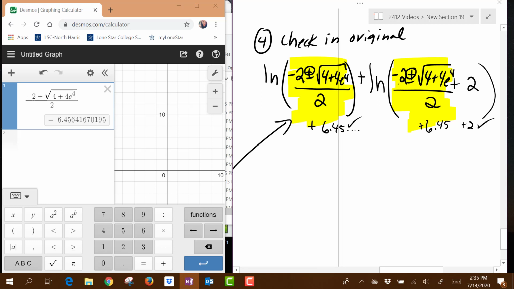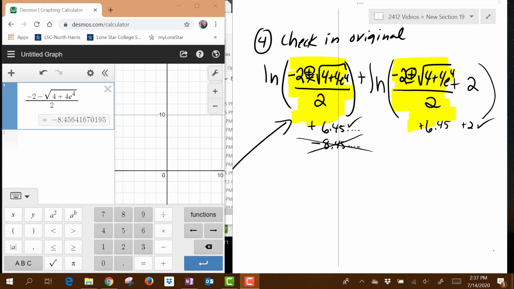Now what about the negative solution? Let's try that. So let's say I put a minus there. So the minus one actually isn't going to work, right? Because we see that this would give me a negative 8.45 approximately and so on. And we are not allowed to have one of our logs with a negative overall input.